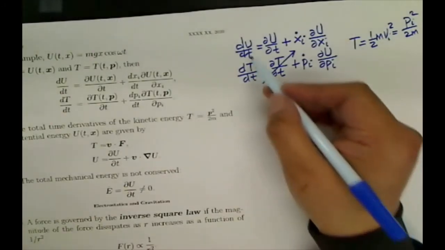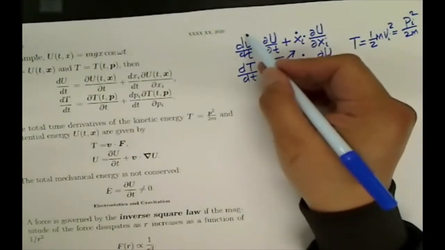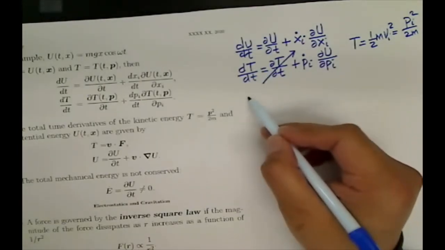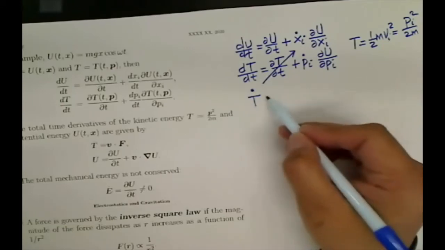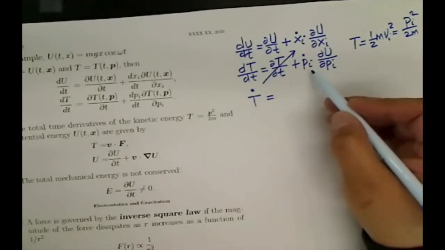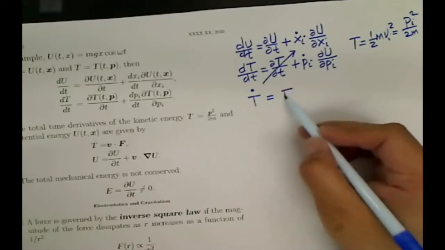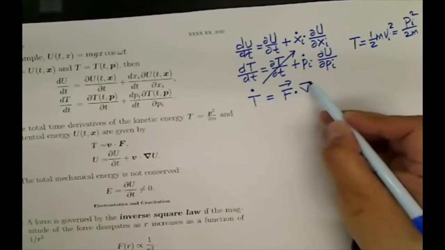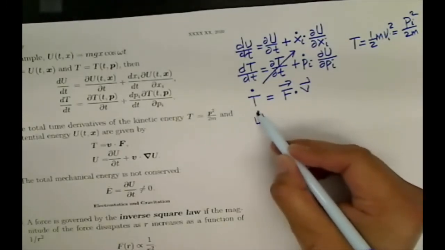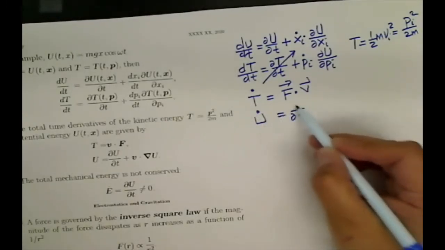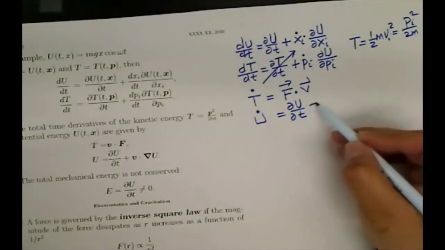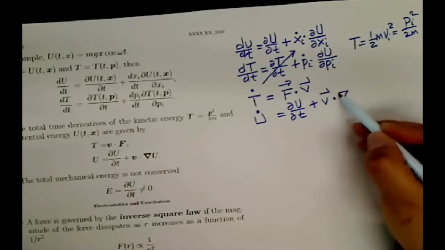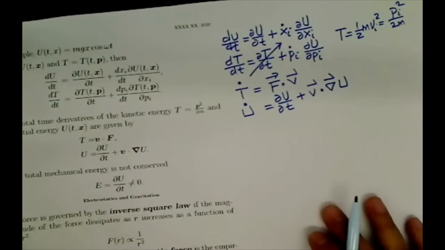Alright, so this one is U dot and T dot. T dot, of course, this is F times V, and U dot is partial time derivative and velocity dot gradient U, right?